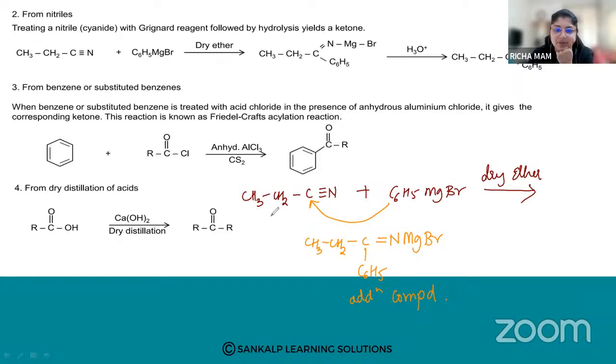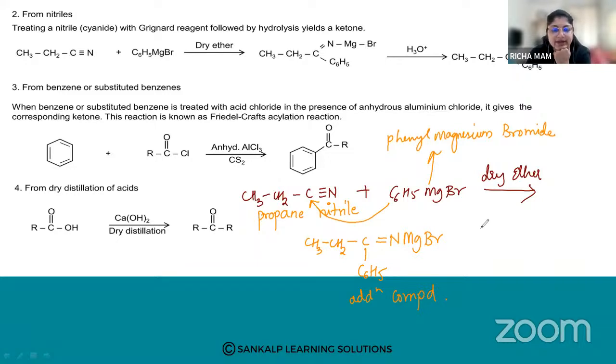What is the name of the starting reactant? It is propane nitrile. And this is phenyl magnesium bromide.